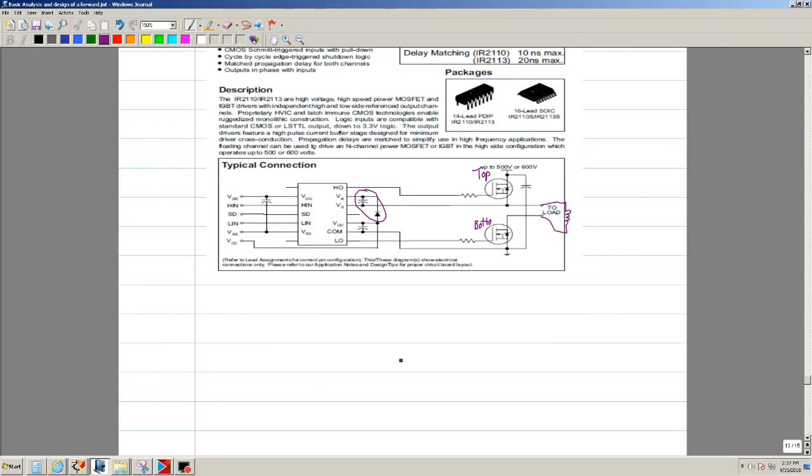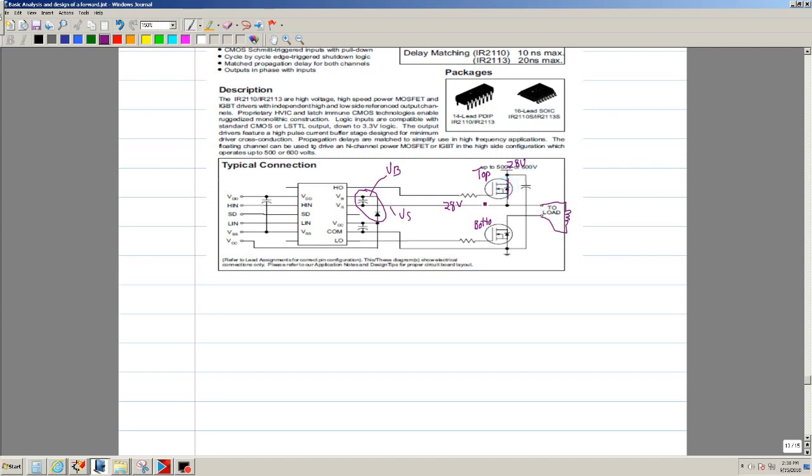Okay, so here is the VB, and this is VS. What it does when the transistors are turned on, this has to be 28 volts, assuming that we're connecting this to 28 volts.